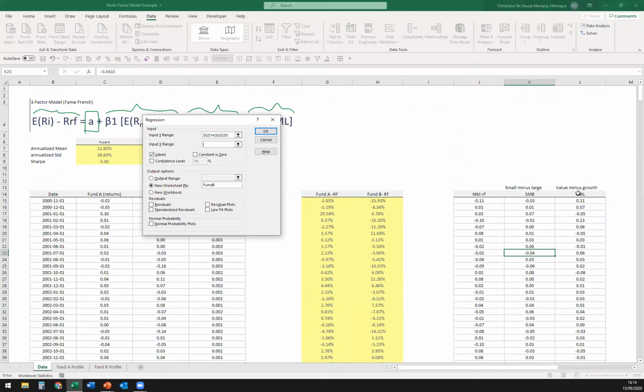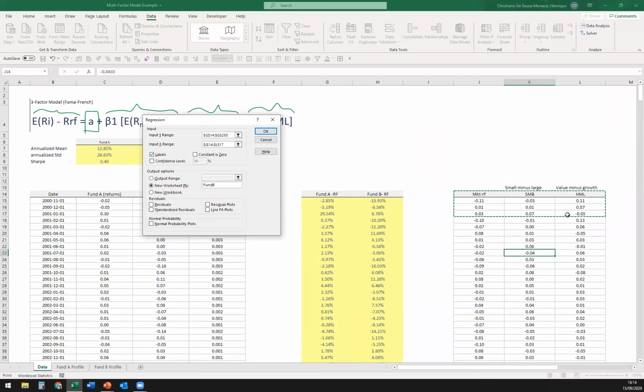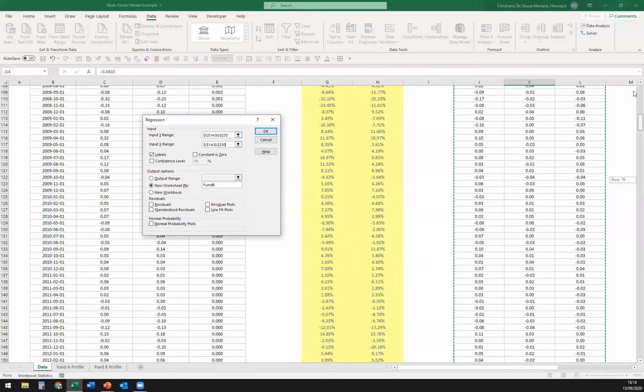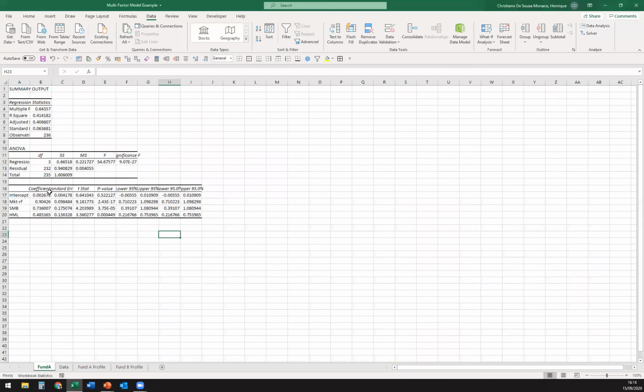And as the X range, because it's a multi-variable regression model, I'll select those three entire columns of excess returns on the factors. I'm going to put the results on a new worksheet called Fund A. I'm going to hit OK, and the regression is done.